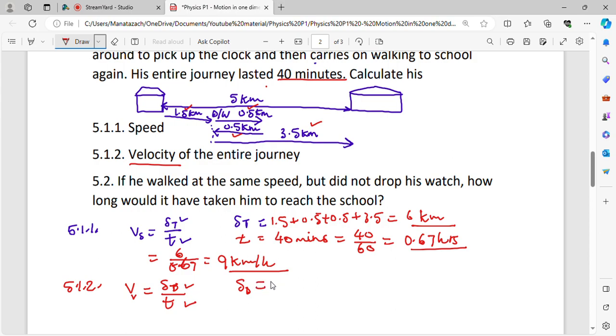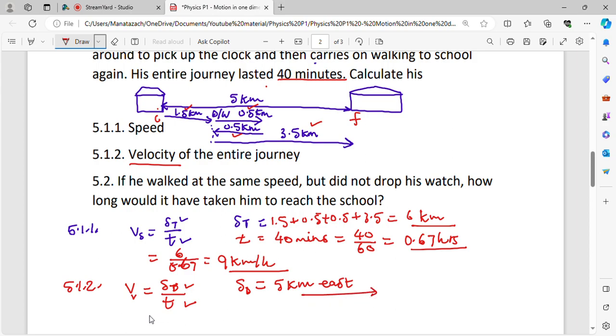So what is the displacement? Displacement is the relative positioning between the initial position and the final position. So the relative distance between initial and final is 5 kilometers to the east. So this will be our displacement.